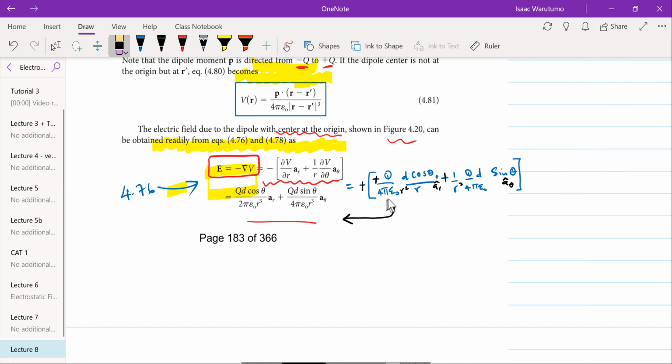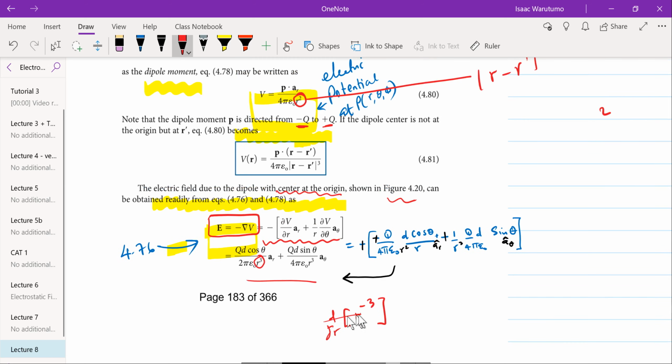Of course, when you differentiate V with respect to R, R is our subject here. It is like saying d dr of r to the power minus 3. My apologies, this is the result of what we have already differentiated.